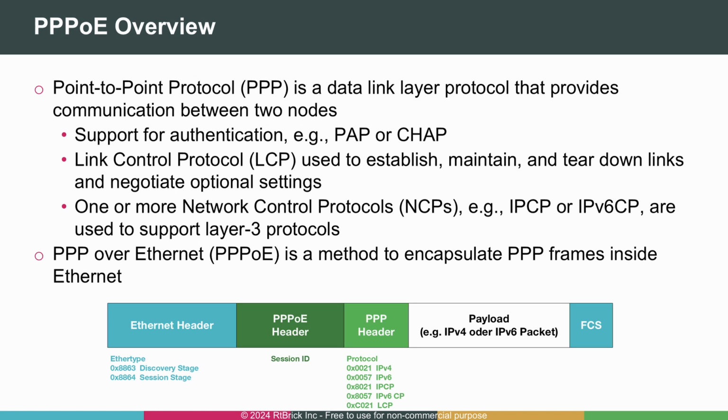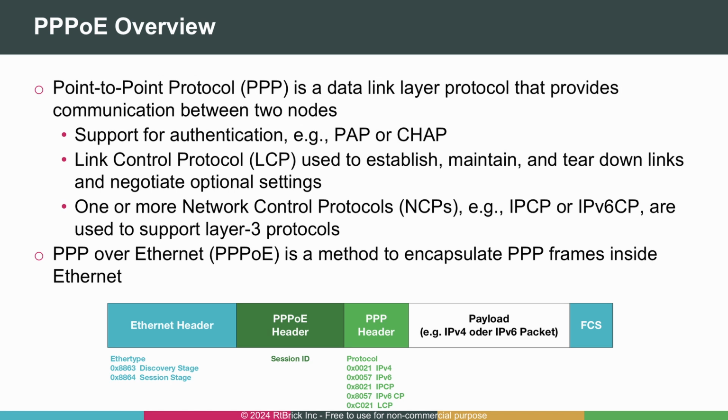PPP over Ethernet, PPPoE, is a client-server protocol that encapsulates point-to-point protocol frames inside Ethernet frames, providing the same benefits as PPP while enabling connectivity over Ethernet networks. PPPoE is commonly used by service providers to deliver broadband access, typically over technologies such as XDSL or FTTX.